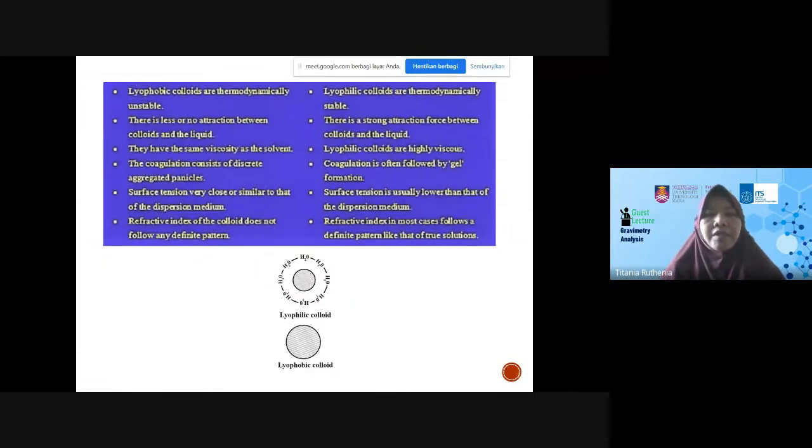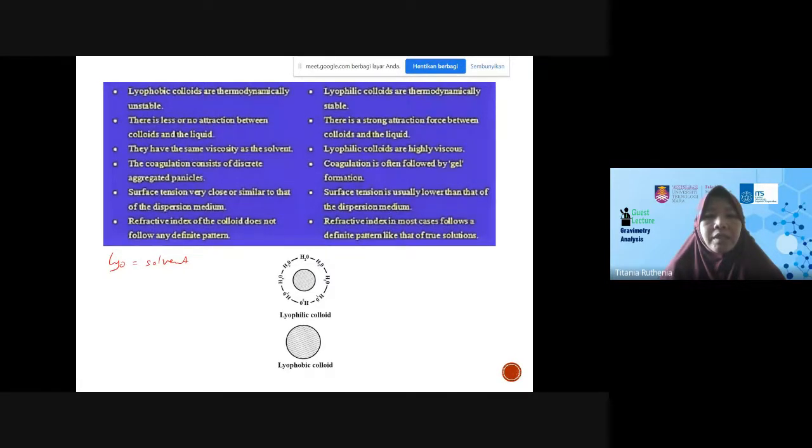And in general, we call it lyo. Lyo means solvent or liquid. If the solvent is water, we call it hydro. So we have hydrophobic, hydrophilic, but generally we call it lyophobic and lyophilic.